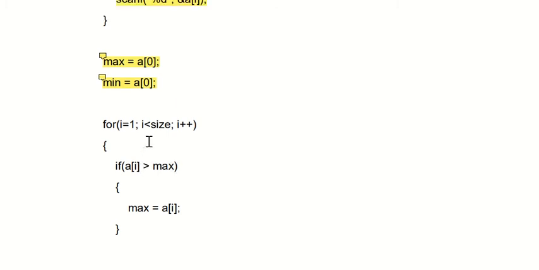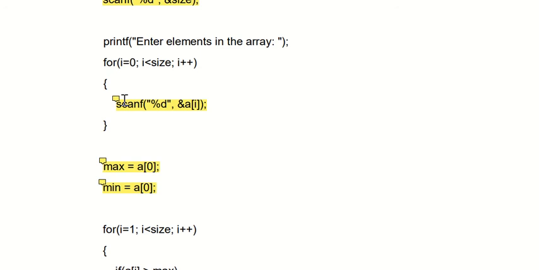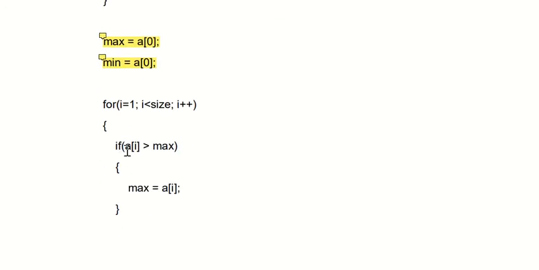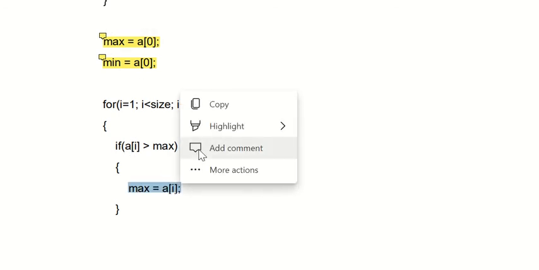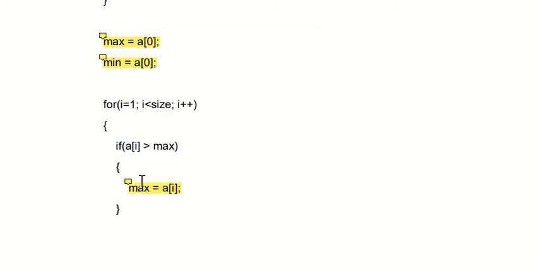Now what is there in a[1]? Let us check first. It is 10, the second number. So if 10 is greater than maximum, and maximum is 8, obviously 10 is greater than 8, so here it will be max equal to 10. So now the value of maximum has been changed from 8 to 10.